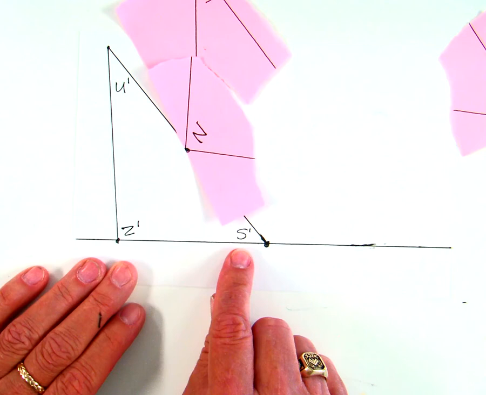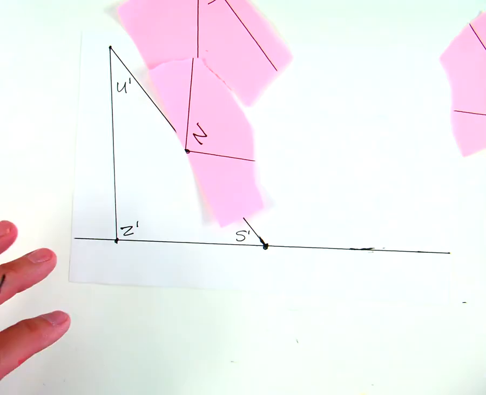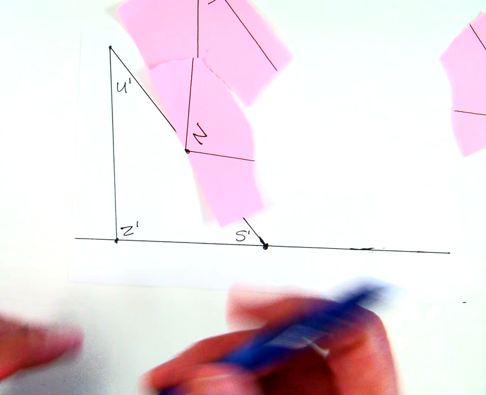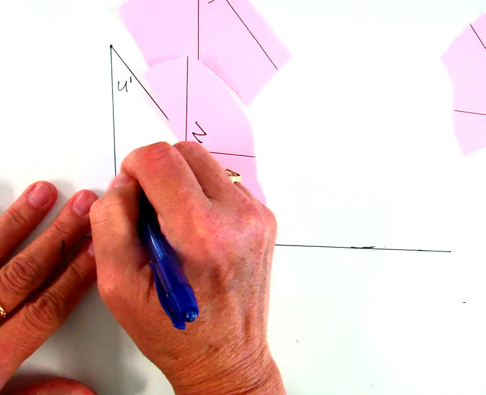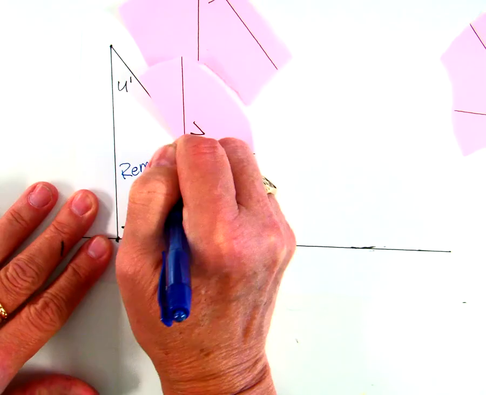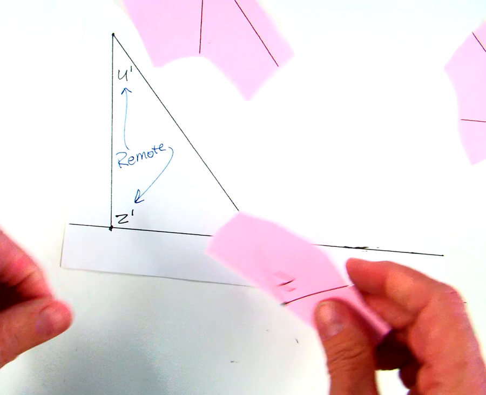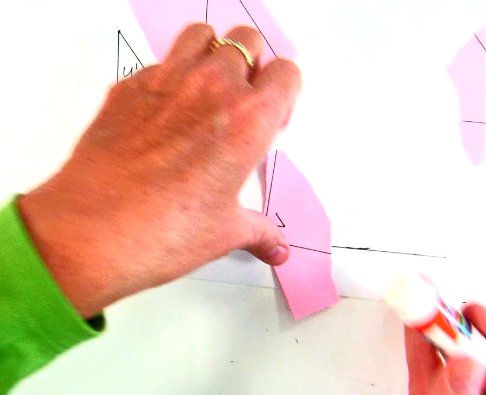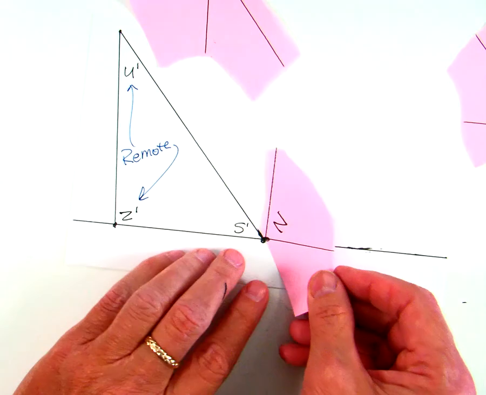Those are the ones you want. Pick one of them, doesn't matter which. Paste it on again, so the vertex is at the vertex and the line is on the line. Once you've done that, choose the other one. You might need to tear off some of the extra paper so you can see what you're doing.